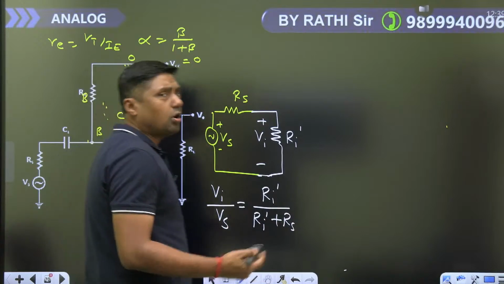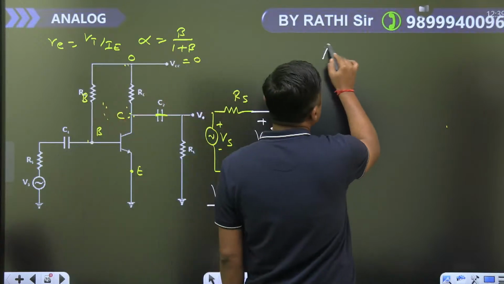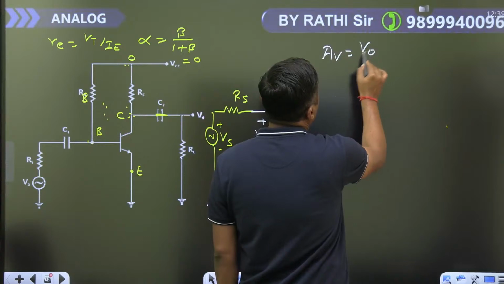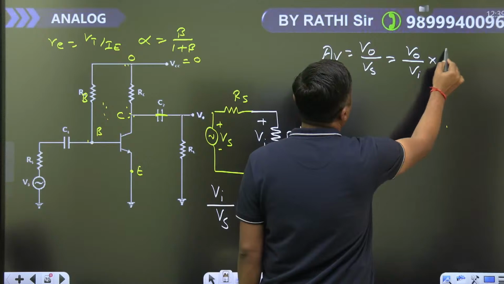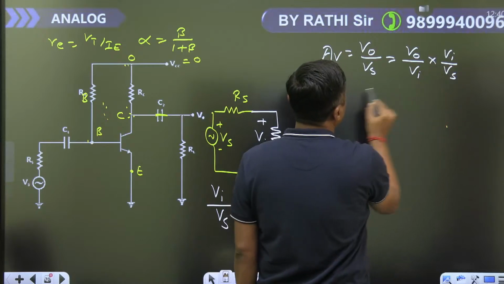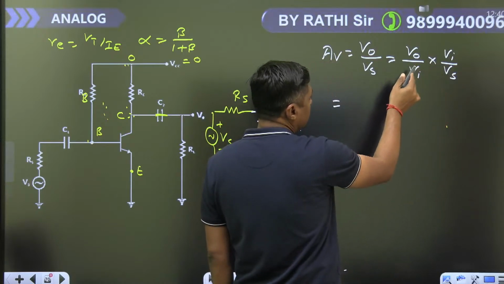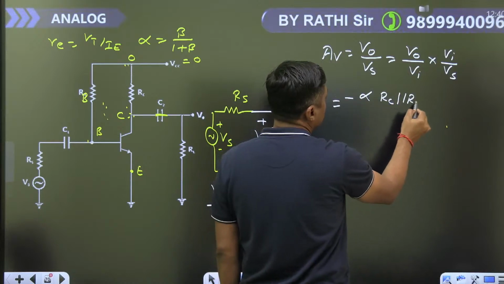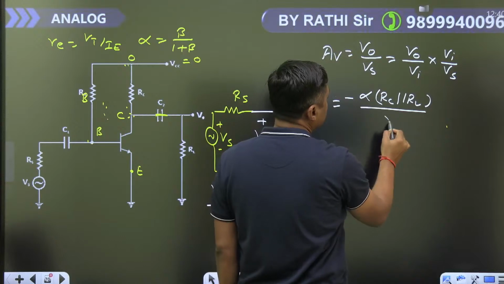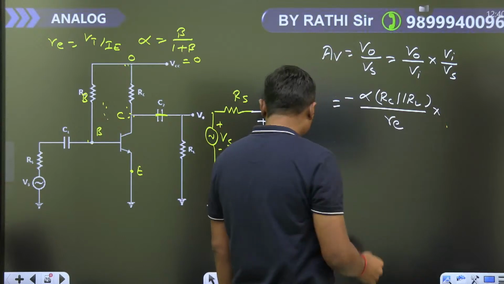Now what is the overall voltage gain? Overall voltage gain will become V0 upon Vs. That is nothing but V0 upon Vi into Vi upon Vs. So already we have this value: minus alpha Rc parallel with RL upon Re. And what is the Vi upon Vs?